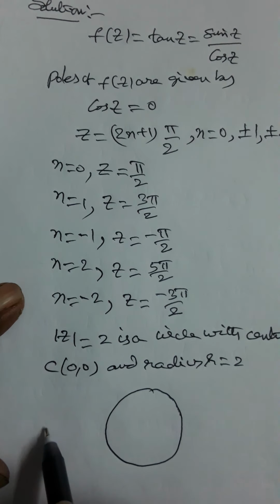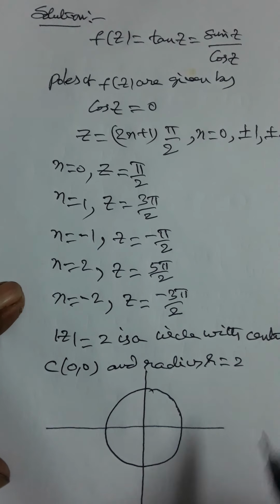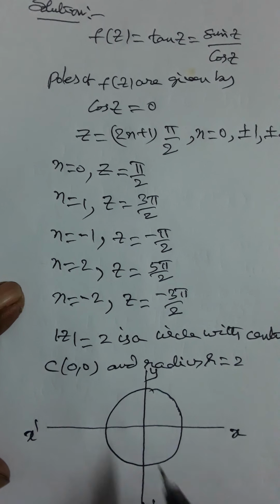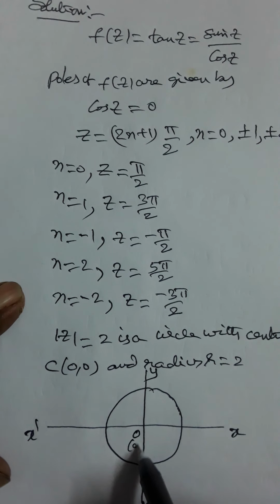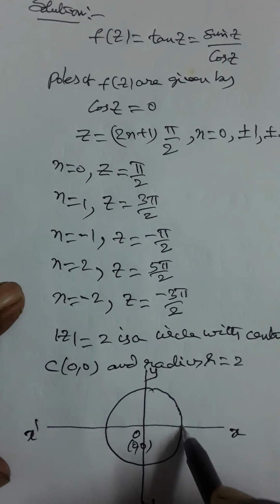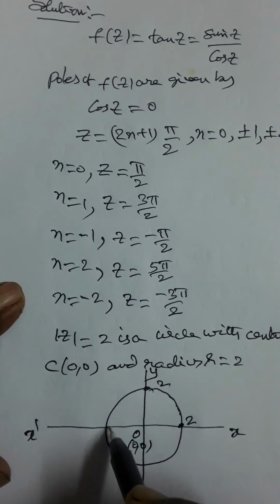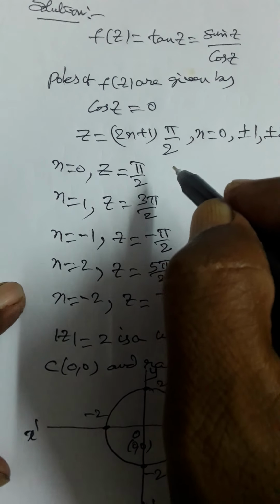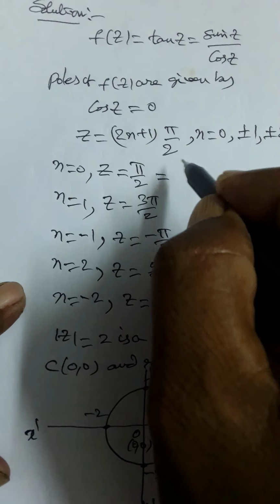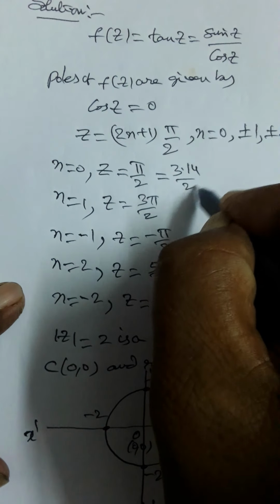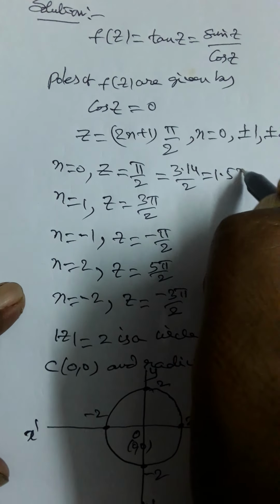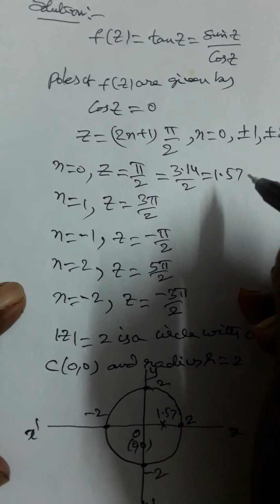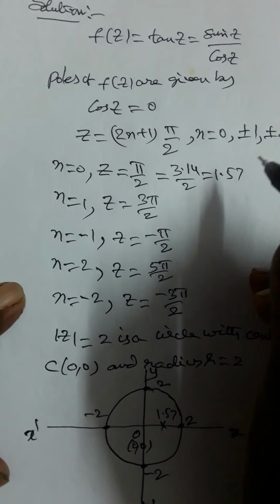Diagram: x dash, y dash, with points 2 and minus 2 on the axes. Pi by 2 is 3.14 by 2, which is 1.57. So 1.57 lies inside the circle.